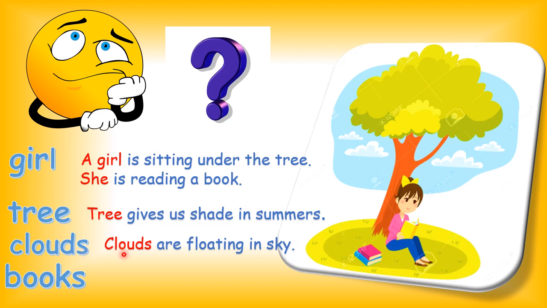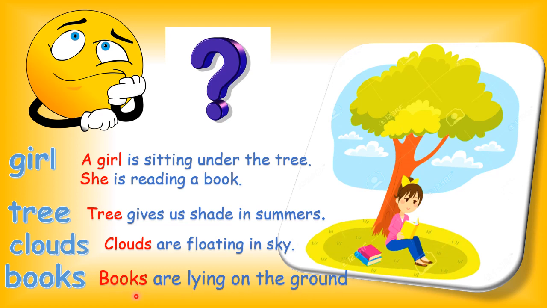Now come to the next, clouds. What are clouds doing? Floating. So we say, clouds are floating in the sky. Clouds are the subject because we are talking about clouds, and are floating in the sky is the blue part giving information about clouds. So this is the predicate, and both together, clouds are floating in the sky, form a complete sentence. Now what about books? Books are lying on the ground.